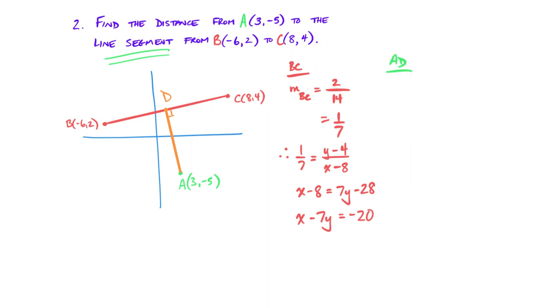So I know that the slope of AD has to be the negative reciprocal of 1/7, or -7. I need slope and a point. I have the coordinates of point A, so I'm going to use my slope of -7 and my coordinate of point A, and I'm going to sub those into my slope coordinate formula. Well, now I can go ahead and I can put that in a useful form.